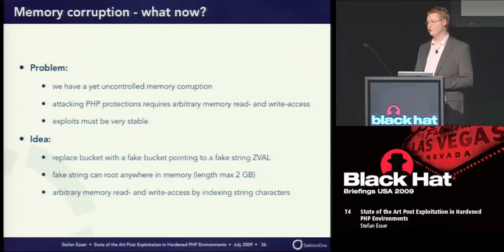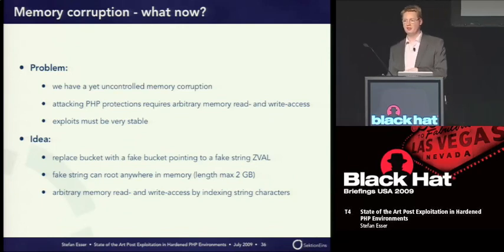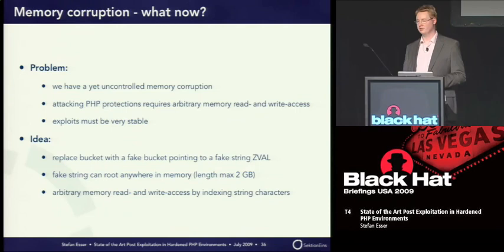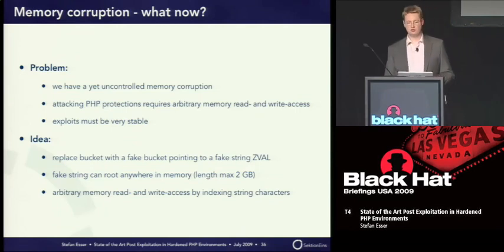And the idea of how to do this is very simple. We want to replace the bucket we just removed with a fake bucket that points to a fake zval, a fake PHP variable, and the fake PHP variable of choice is a string. And this string, we make it as big as possible, which is 2 GB in PHP, and we root it at 0.